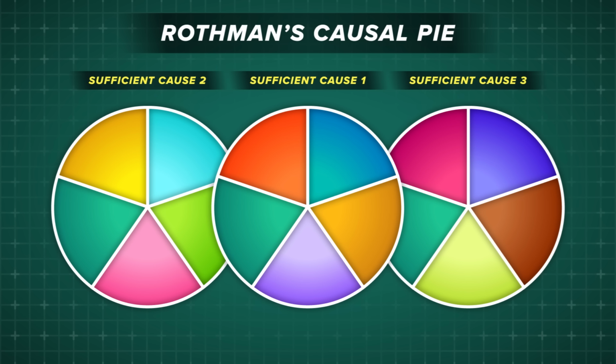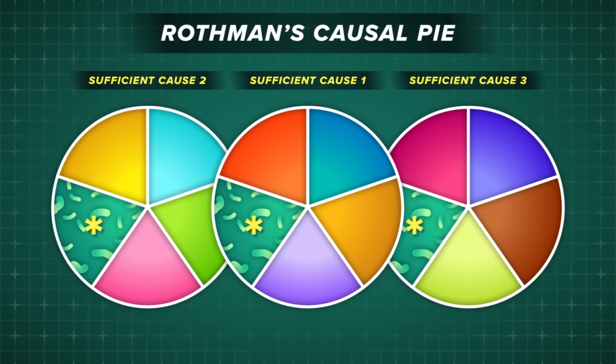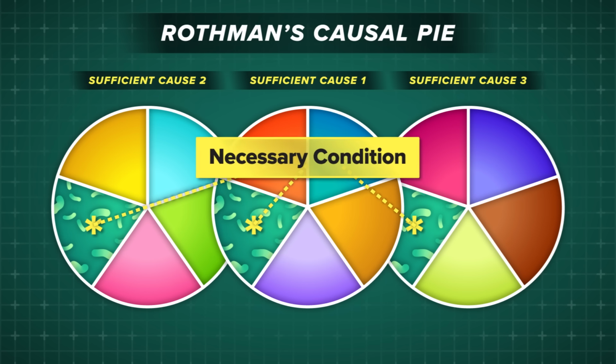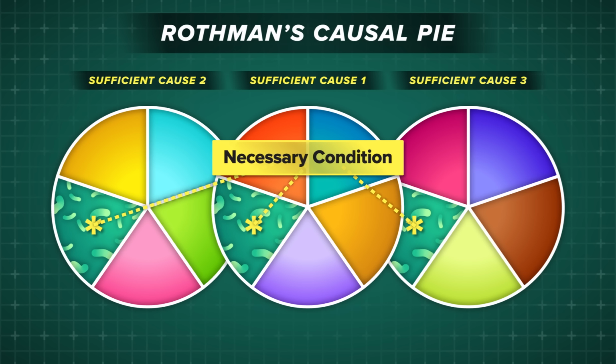But one slice that's in every causal tuberculosis pie is exposure to Mycobacterium tuberculosis. This is because TB can't spontaneously generate in our bodies. It needs a source. This is why exposure to Mycobacterium tuberculosis is a necessary condition of TB.